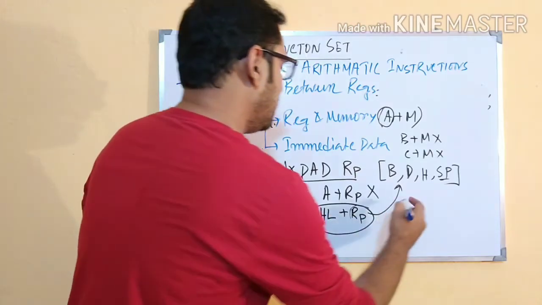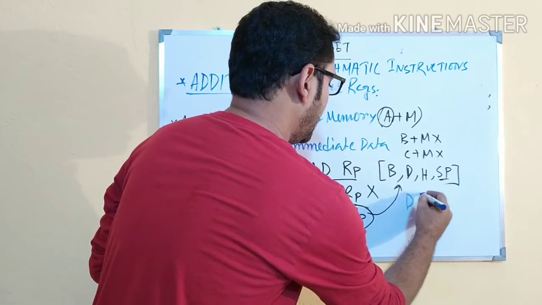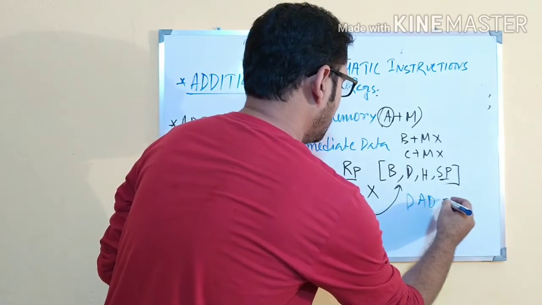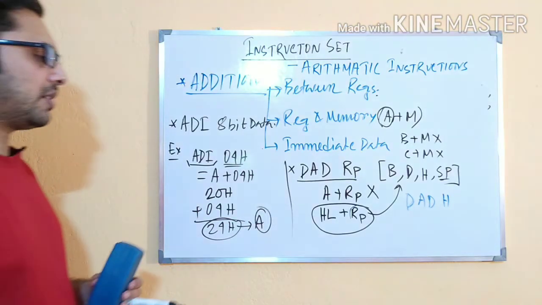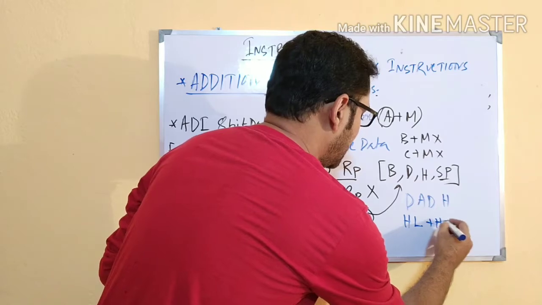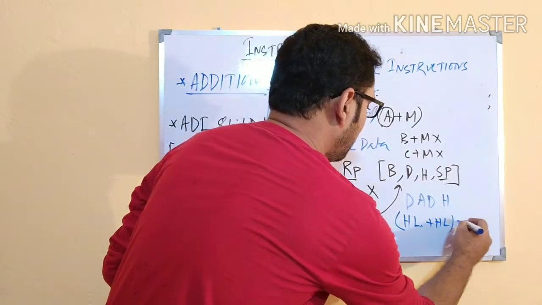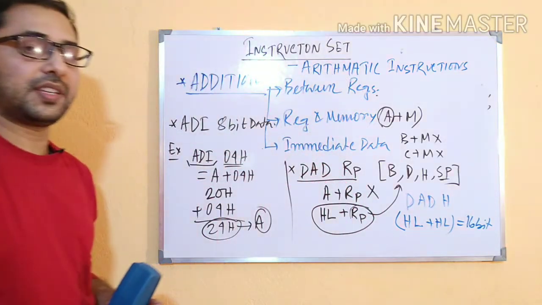If I write down DAD, suppose H, then what do I want to perform? I want to perform basically HL plus HL, and the result will be 16-bit.